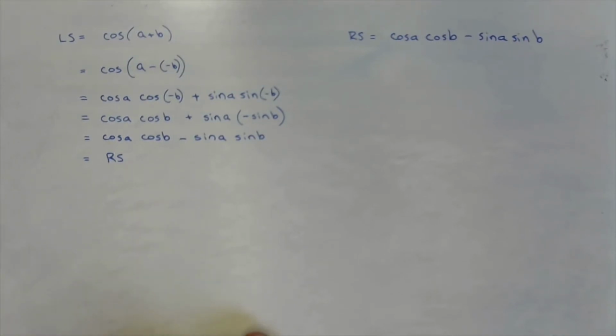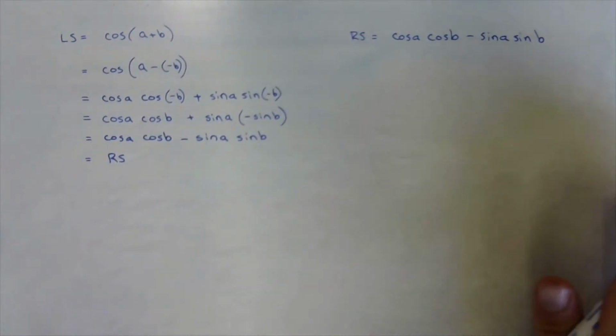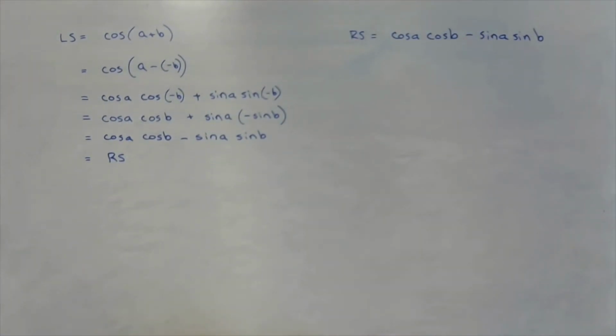Okay, so take what they give you, use what you know, use other trig identities and formulas in your proof, and go from there.